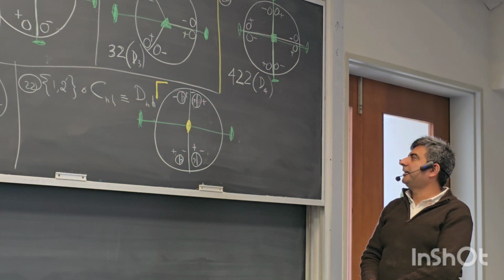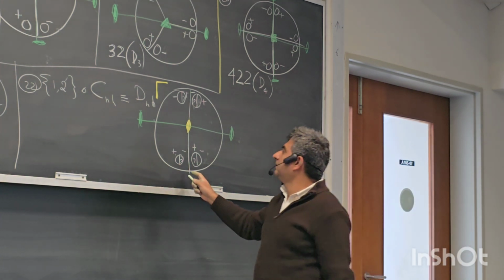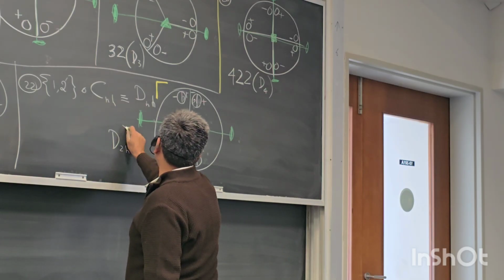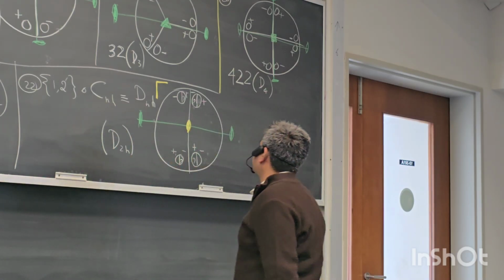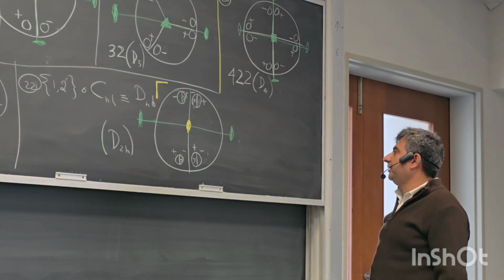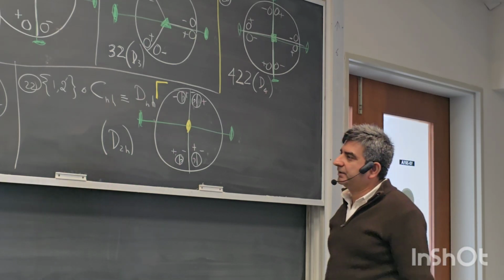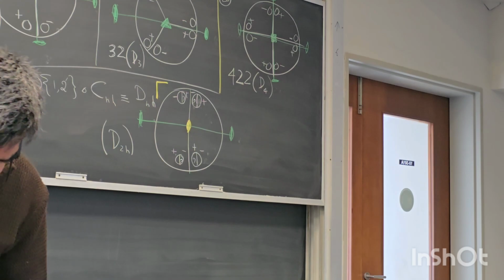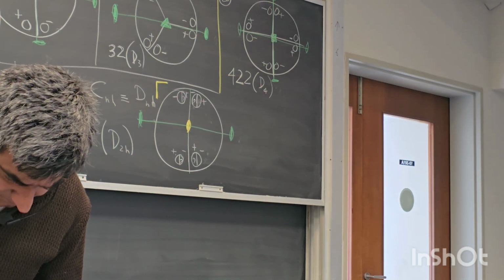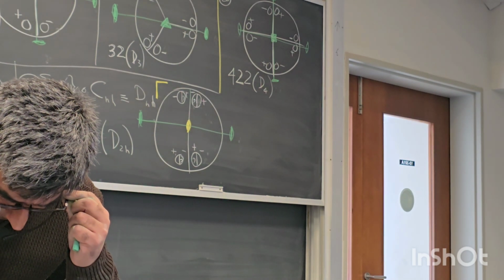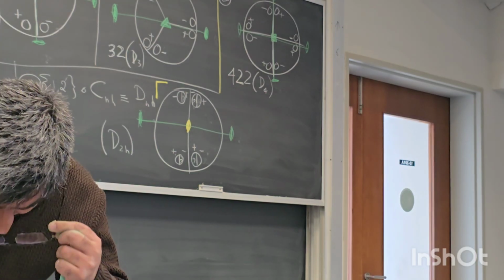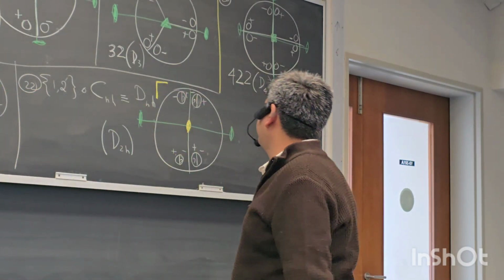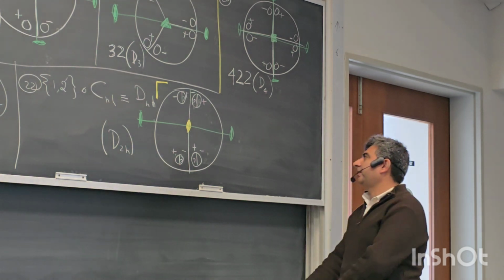So this is my D2h, and this is the old symbol. Let's figure out what the new symbol looks like. So the new symbol was 2/m, but let's try to simplify.